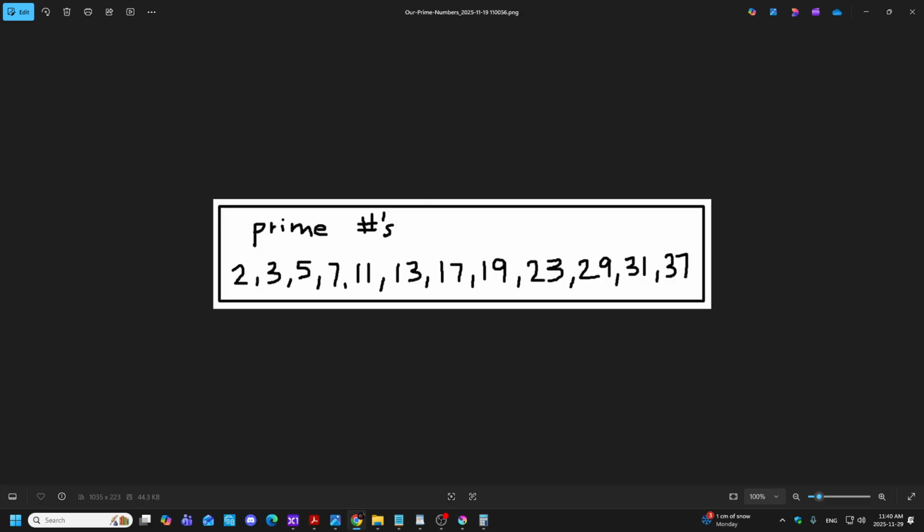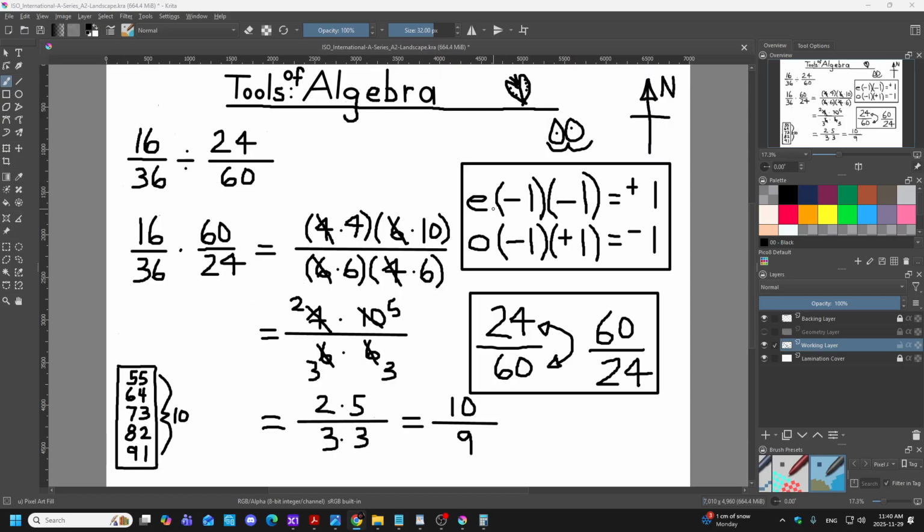For example, 7 is a prime number because its only factors are 1 and 7. Okay? These are all the prime numbers. Once you see a prime number, you can pretty much give up the thought of having to reduce anymore because you're done, right?